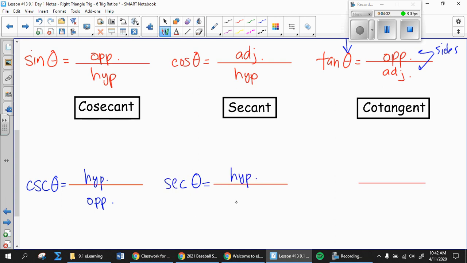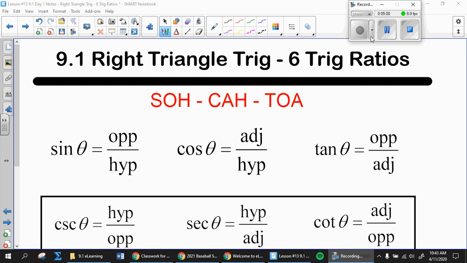So it's the hypotenuse over the adjacent. And then cotangent, COT of theta, reciprocal, so adjacent over opposite. Okay, and so again, the hypotenuse, the opposite, and the adjacent are sides. Theta is our angle. So we're going to be setting up these equations to help us find missing sides or missing pieces.